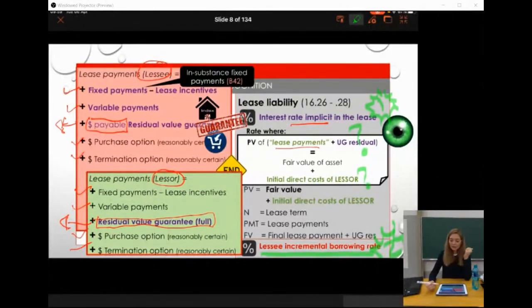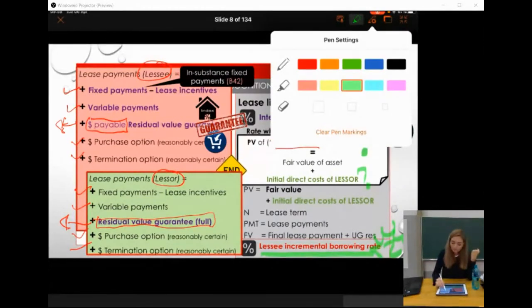Now you'll see sometimes in a question, we want you to use the interest rate implicit in the lease.